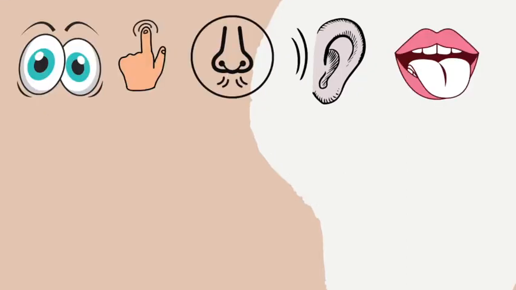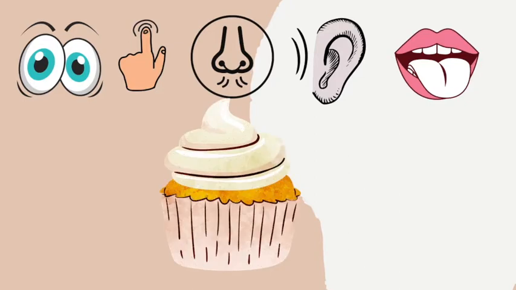Let us have another example. Let us describe this cupcake using our sense of sight, touch, smell, hearing, and taste. For the sense of sight, it is moist and colorful.